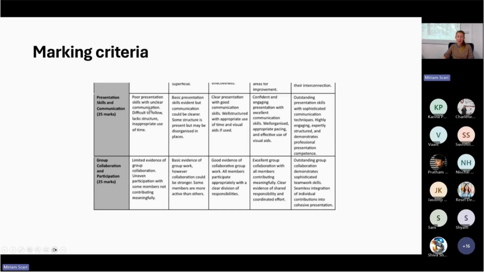This relates to the way that you're talking and also to the structure of your presentation. Then we can see up the top, in order to get a distinction, it needs to be well organised. You need to have an appropriate pace, and you need to have used your PowerPoints well as effective visual aids to support your oral presentation.